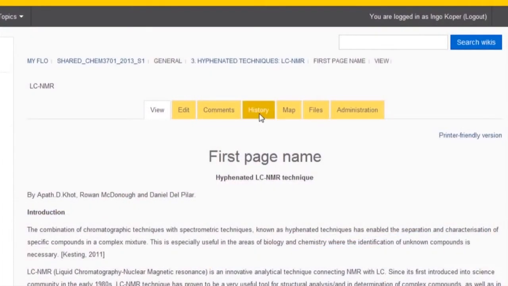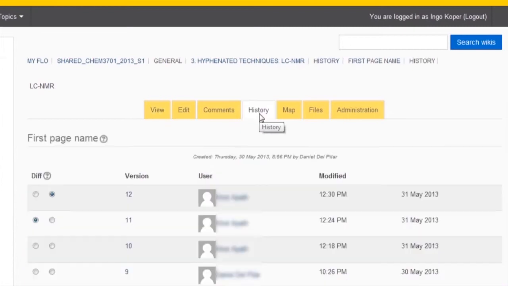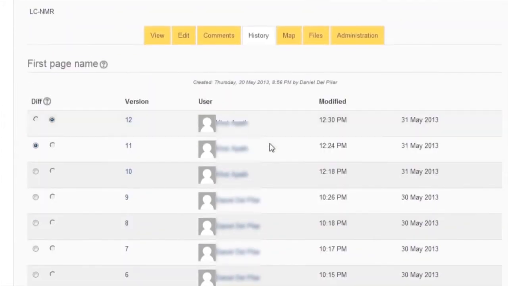Now the good thing about a wiki is you can use the history tab to actually see who did what. So in some cases we could see that, for example, one student did most of the work or most of the modifications online. If I had only assessed this part, I would have said, well, student A did most of the work, therefore should get the best mark.